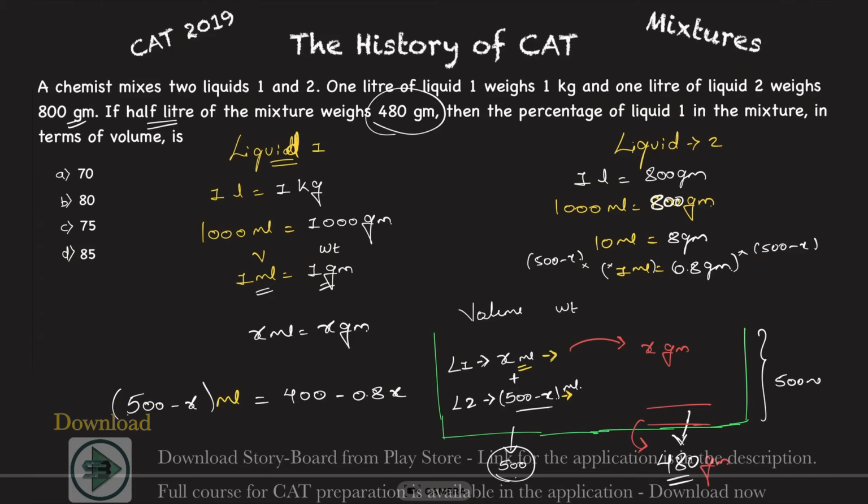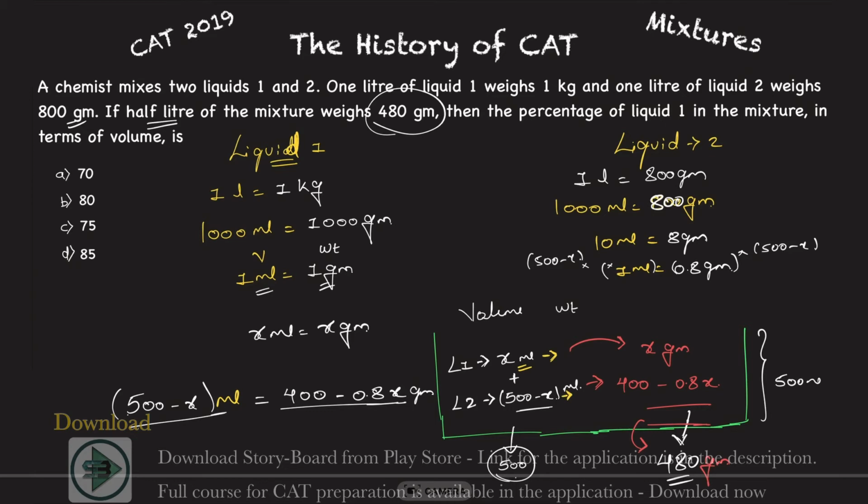Okay, so 500 minus x milliliter corresponds to these many grams. That's what I understand from this. So let's just write it here now. This corresponds to 400 minus 0.8x. Okay, that is what is given here.